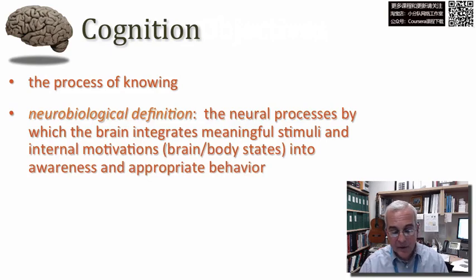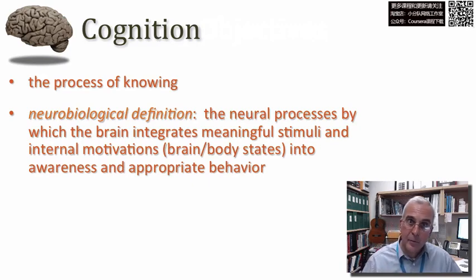Nevertheless, I do want to suggest more of a neurobiological definition of cognition. What I would suggest is that what we are speaking of are the neural processes by which the brain integrates meaningful stimuli, internal motivations, referring to brain and body states, and the product of this integration is awareness or perception, and, of course, the motivation of an appropriate behavior.